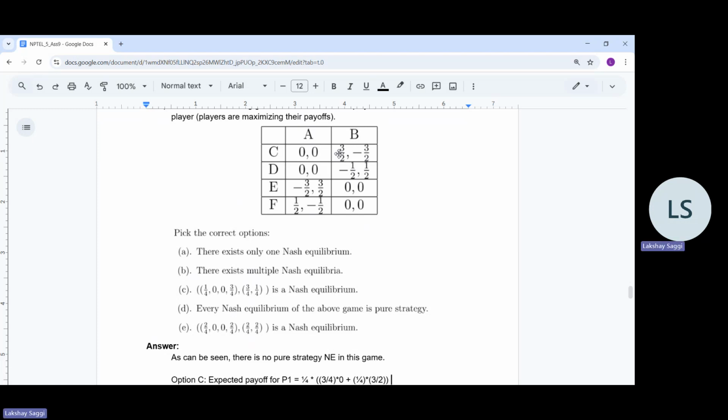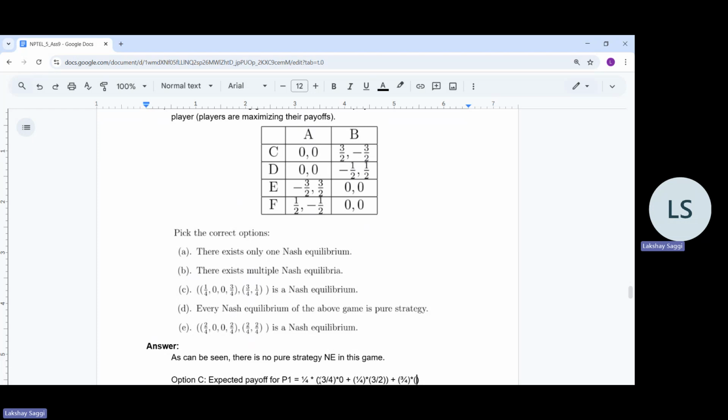And from this last row, the payoff for the row player is 3/4 times, like the payoff is half with probability 3/4.